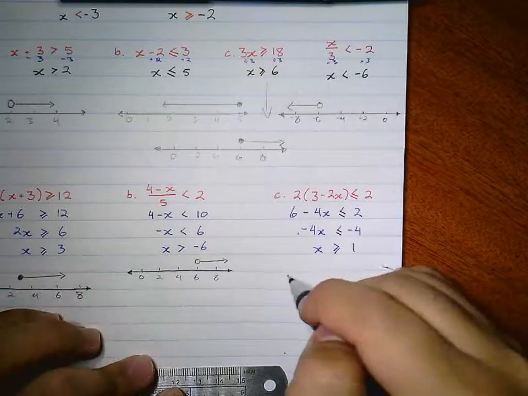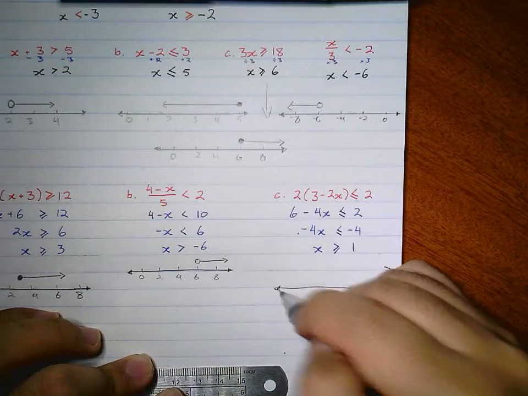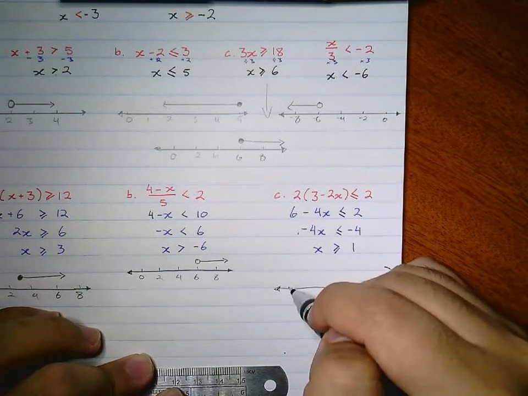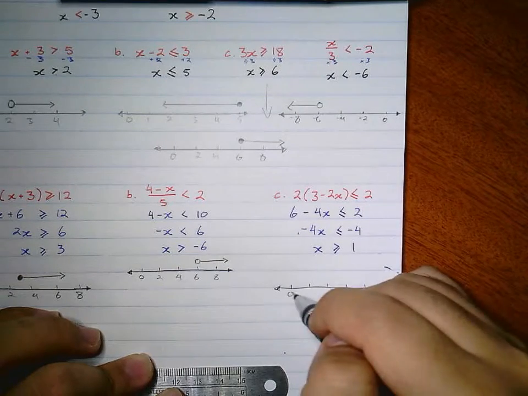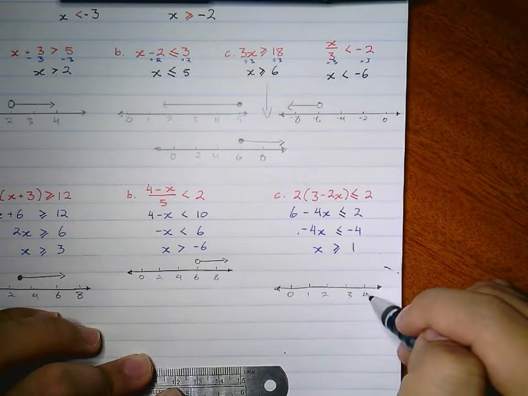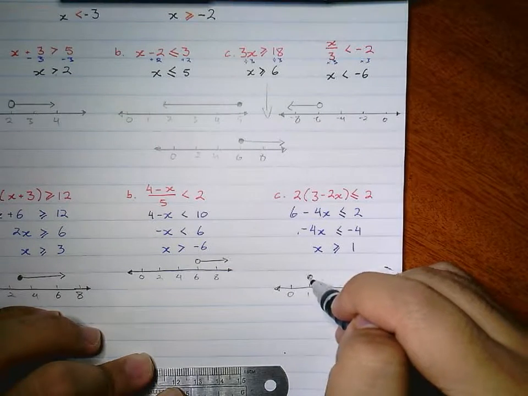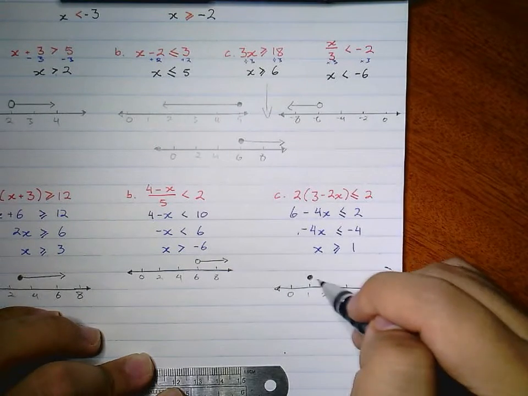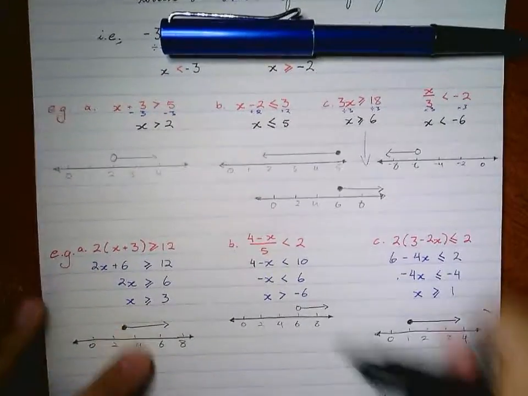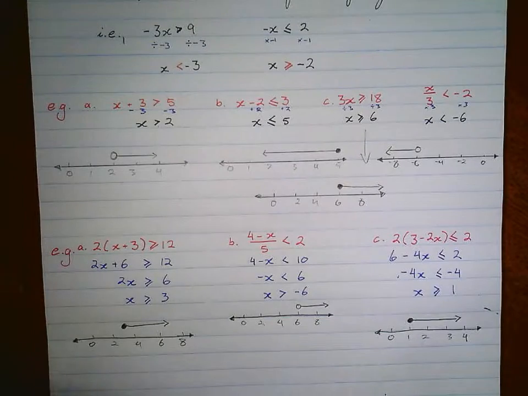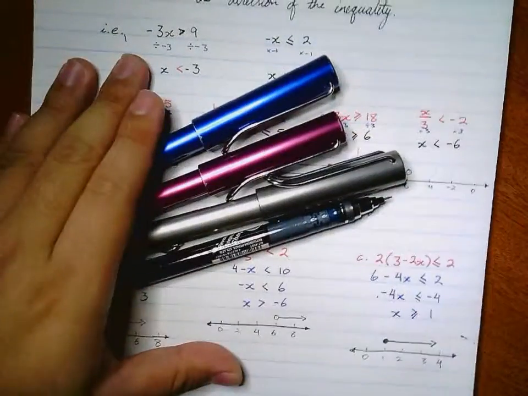Draw my last line here. That's going to be 0, 1, 2, 3, 4, greater than or equal to, so it's going to be a solid dot to the right. And this here concludes how to solve inequalities and graphing them as well. Best of luck to you all.